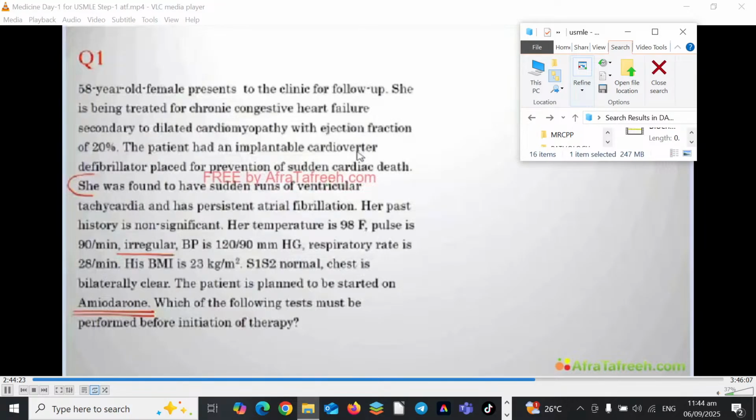When you're answering long questions like this, we read a lot of irrelevant material and invested time understanding the question, but what we were talking about was only amiodarone and what test needs to be performed before initiation. This was the only question that we were trying to answer.